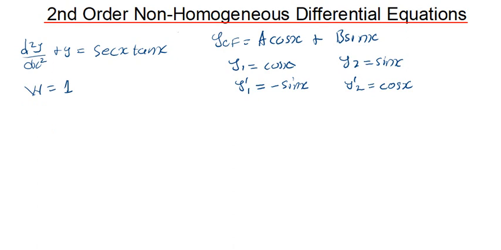Here the only thing that would be different would be the w1 and the w2. In this case, for w1 I put 0 here, then here I put my g of x, which is sec x tan x, then here I put sine x, which is my y2, then my y prime of 2, which is cos x there.